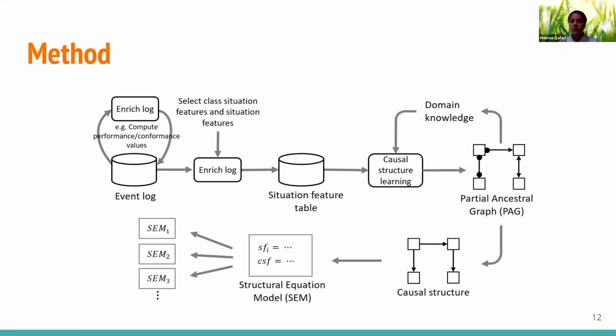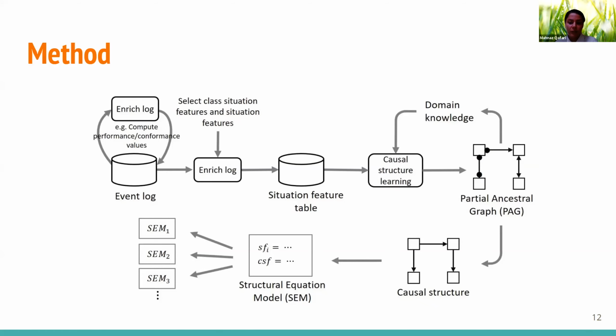Then we use a magical black box that gives us a graph that shows, to some extent, the causal structure graph among the features in our data. In fact, this causal structure inference algorithm is not perfect, especially it cannot find the directions between different nodes, the direction of the causal relationship.